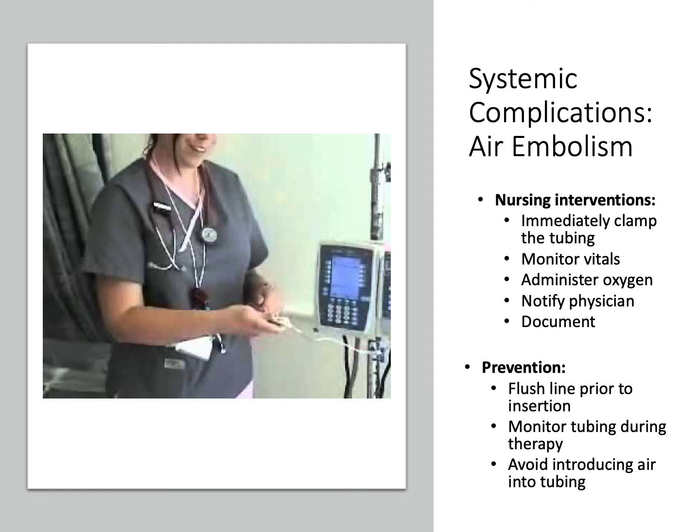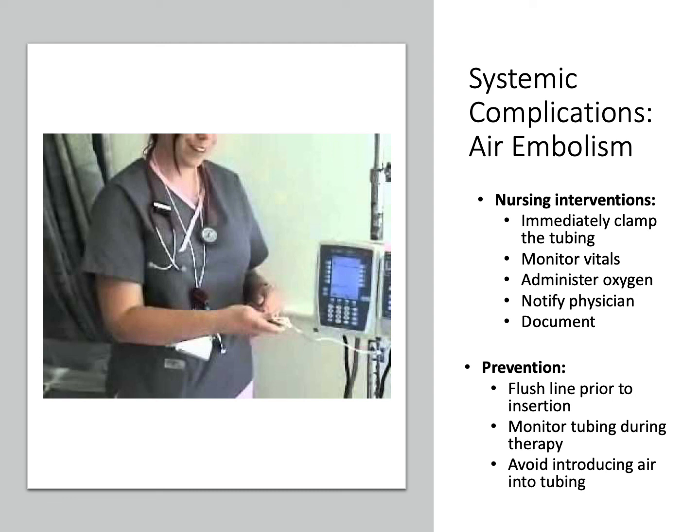So generally people can tolerate more than that amount of air. It's dependent on weight, so it's our small children and babies that are most at risk for this. Luckily, this is an extremely rare complication because we prevent it by making sure that all of our tubing is primed and there are no air bubbles.